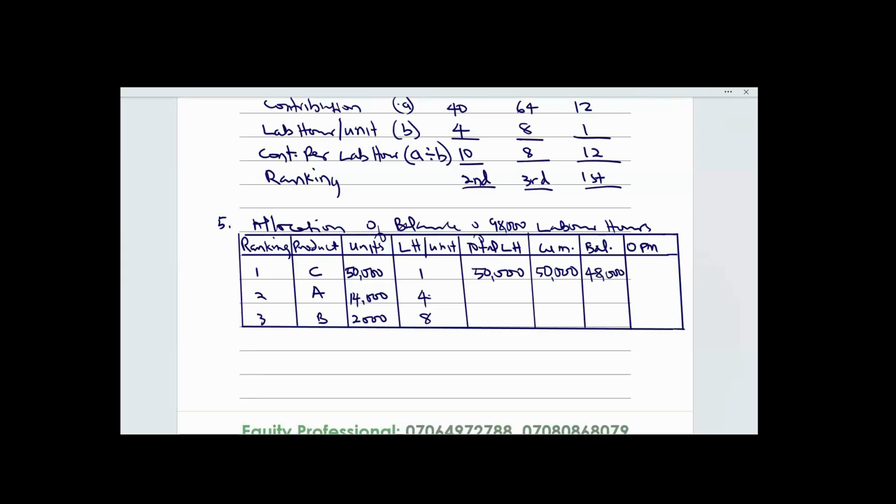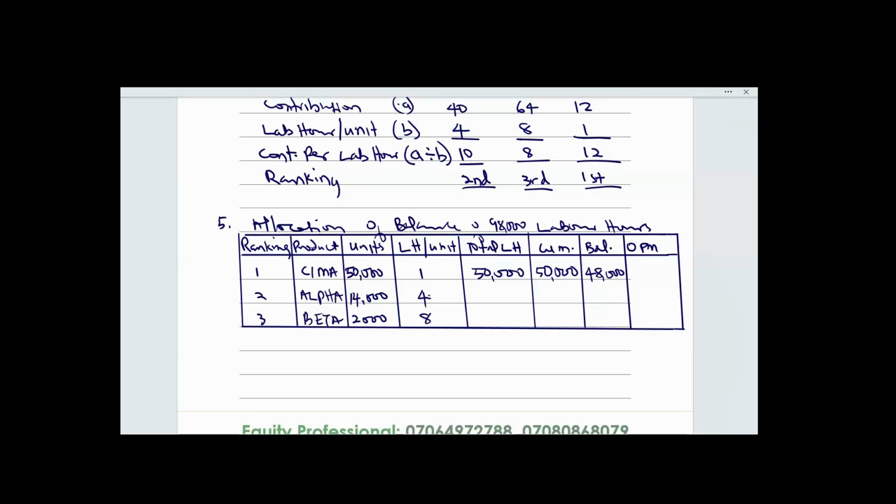Therefore, out of these 50,000 units, how much are we going to produce? There is no restriction for Sigma. Sorry, this is not CAB. It's Sigma, Alpha, and then Beta.